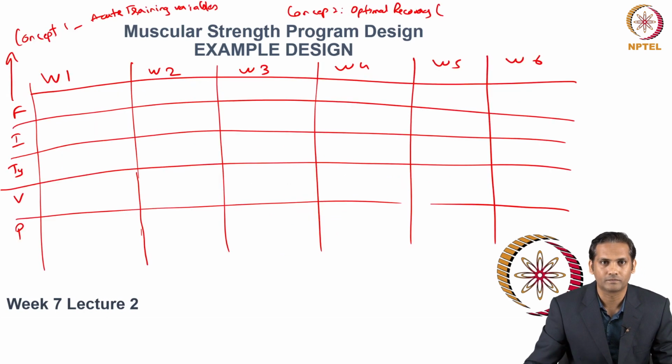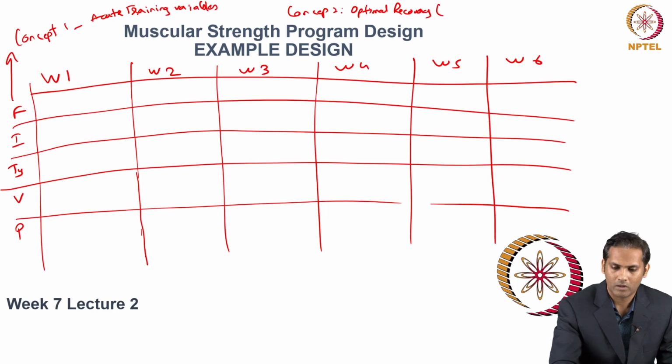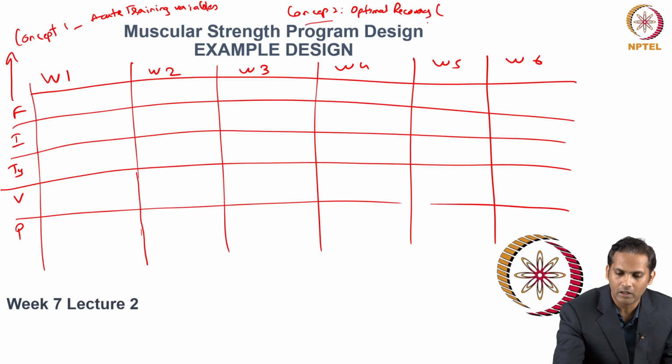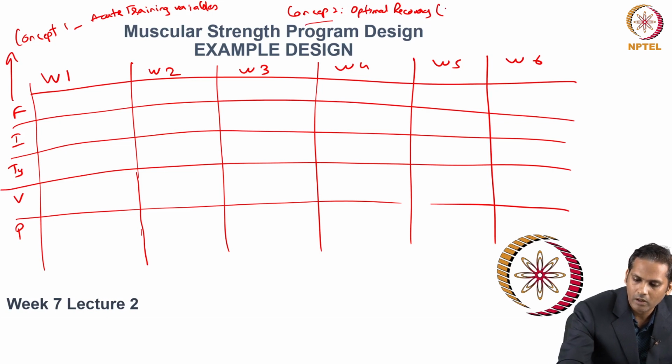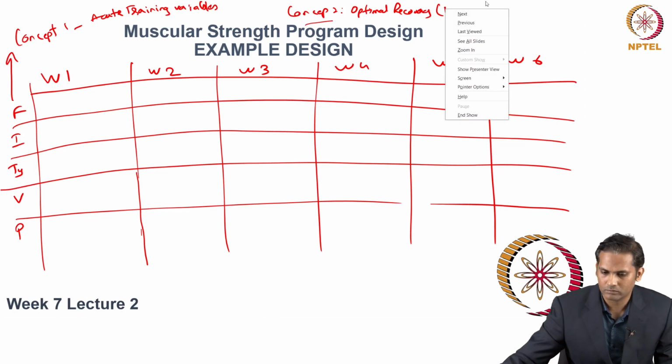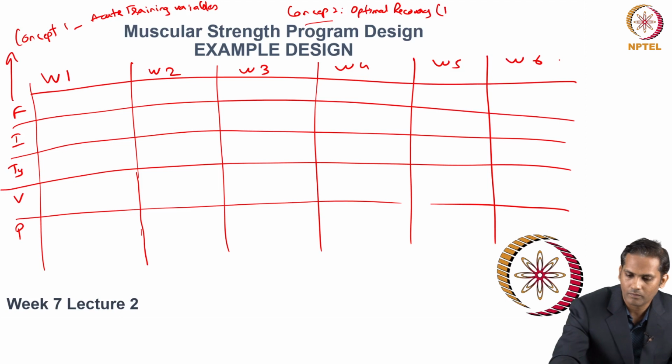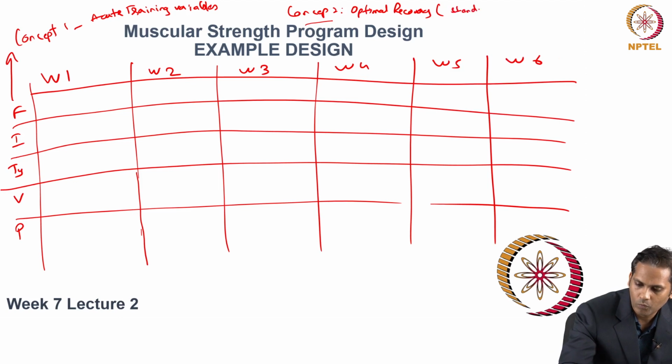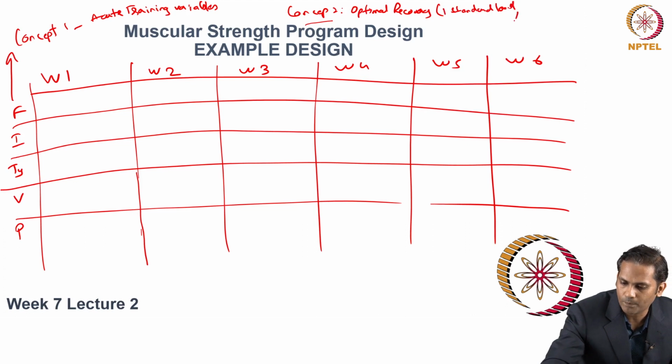So here I will be applying concept 2 of optimal recovery by choosing one week of standard load followed by 2:1 weeks of standard step load.